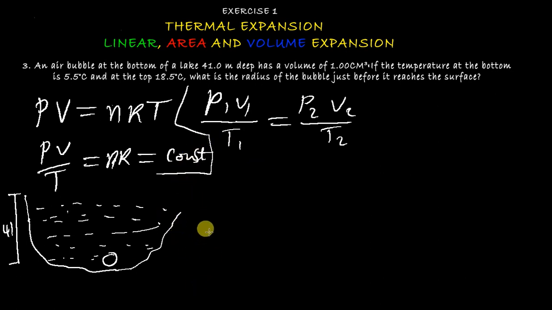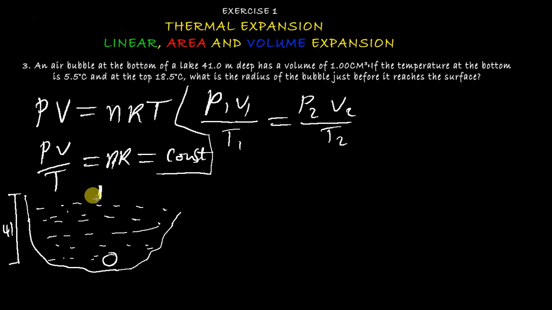So now we can say our P1. If I'm going to call the depth of this lake 1 and the surface 2, let me do it the other way around so that it becomes easier for us to understand.